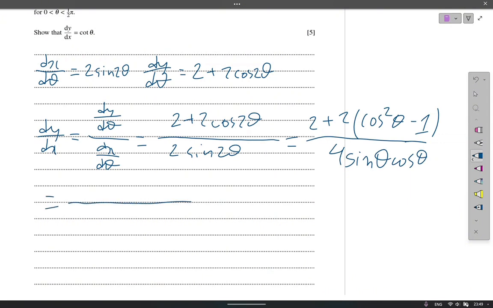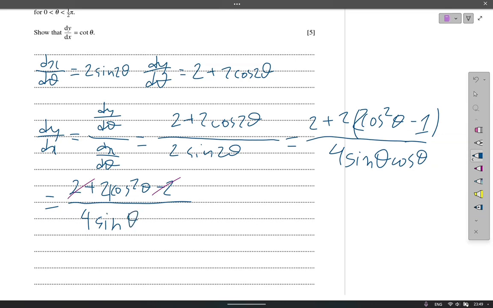This actually gives us 2 plus 2 cosine squared theta minus 2. Wait a minute, I forgot 2 in here. Yeah, so it's actually 4. Since there's 2 minus 2, they cancel each other.